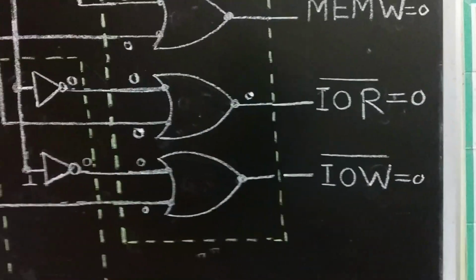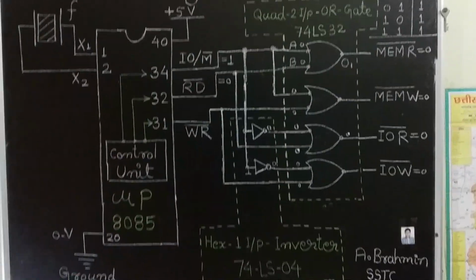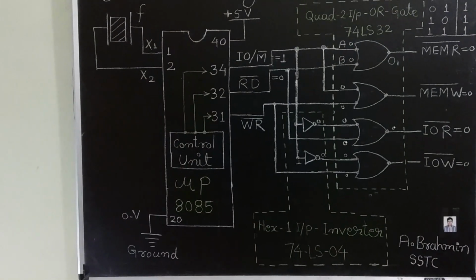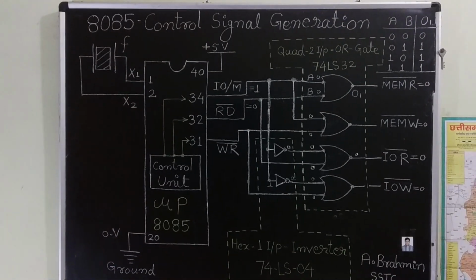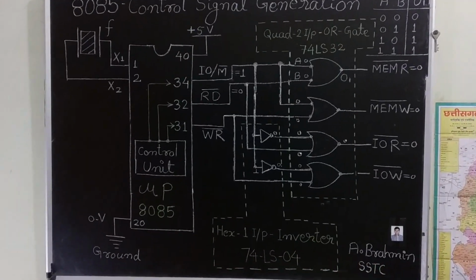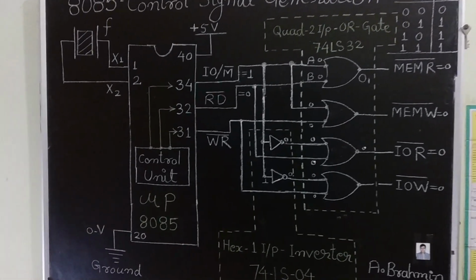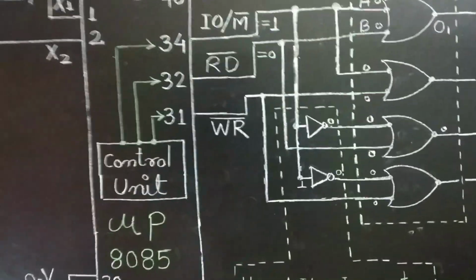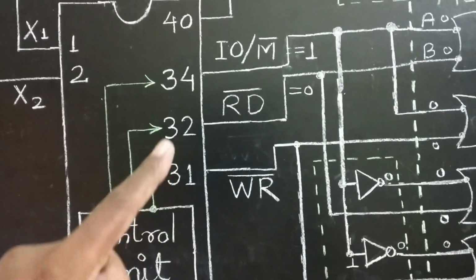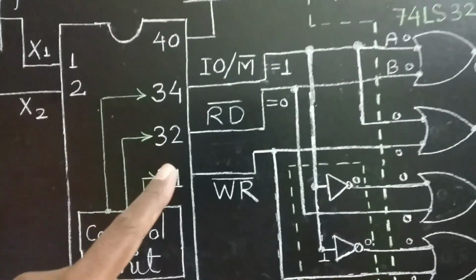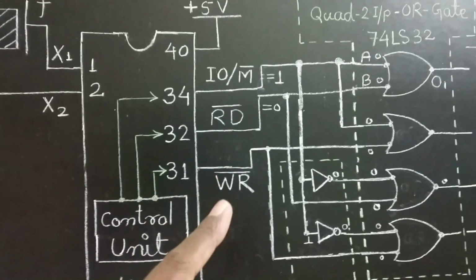So in this way the different control signals are generated as we have seen. For remembering the generation of control signals by using logic gates, we can remember these 3 pins 31, 32, 34 of the microprocessor, and we should remember IO M bar, read bar, write bar.